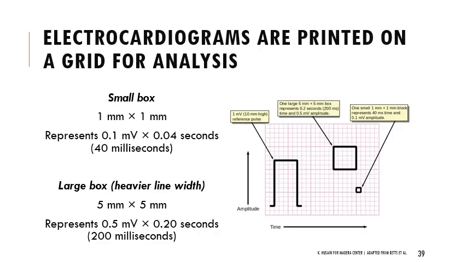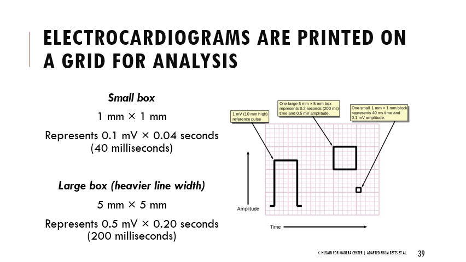So when we're reading that ECG, these are printed on grids. There's really small boxes and bigger boxes. So you can see the small box highlighted in the bottom right and the large box highlighted in the top right. One small box is representing 0.04 seconds or 40 milliseconds.